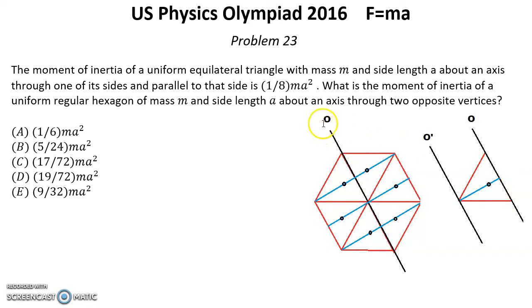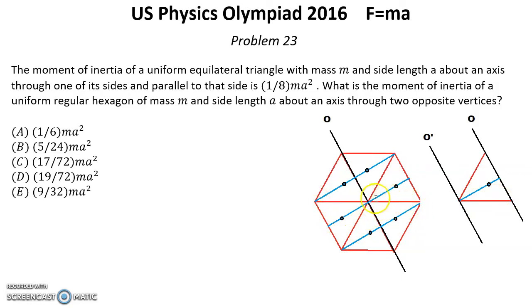And to count the total moment of inertia for this hexagon, we can see that we can split this hexagon into 6 triangles, 4 of them the same as the initial one, and also we have 2 others oriented differently.